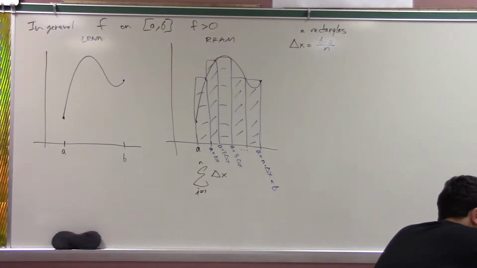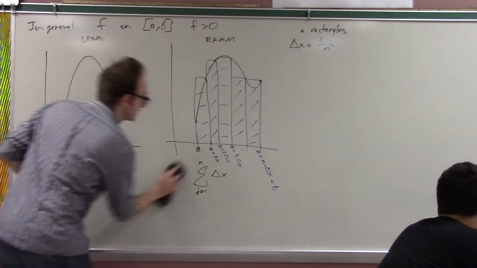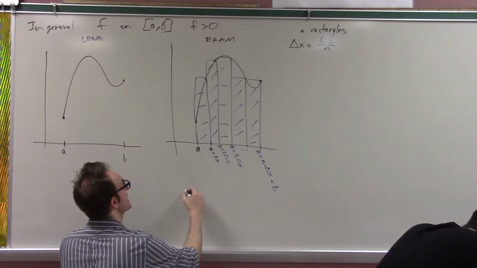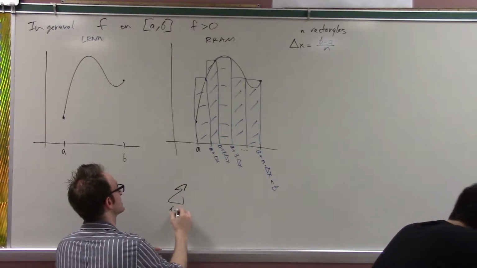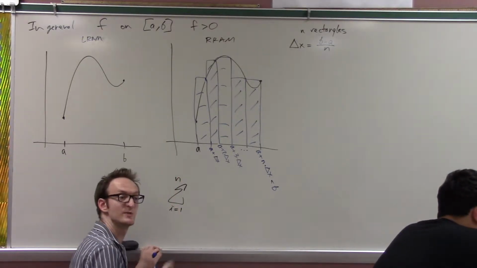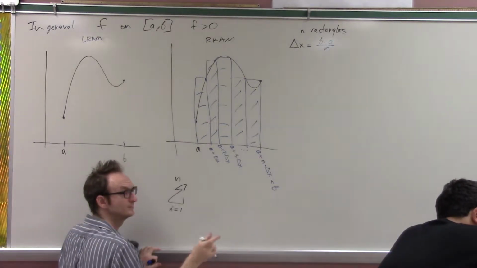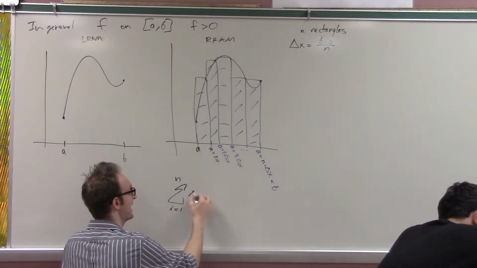Yeah? Okay. So with that little bit of help, can you now write me a formula in general for the sums of all these rectangles? It's going to be the sum from i equals 1 to n of, what's the width of the ith rectangle? Delta x.